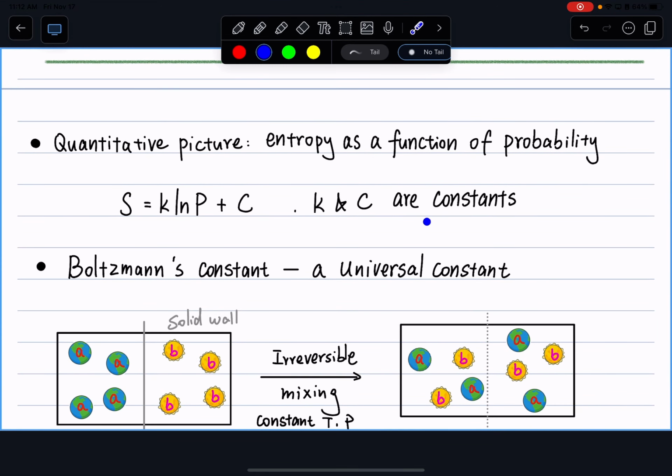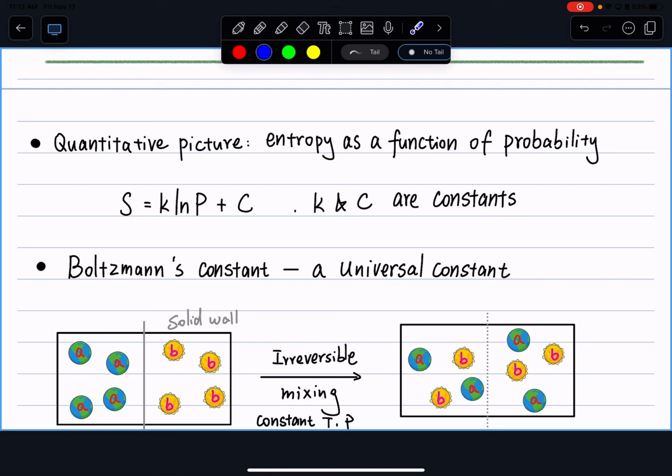Using just basic probability theory and the nature of calculus, we find the logarithm function is the only suitable function to link your entropy and your probability. Here, k is our Boltzmann constant, and C is some constant that we don't care about, because typically we don't care about the absolute entropy of a state. We're always talking about the relative entropy, so this C will just cancel out in most of our chemical applications.